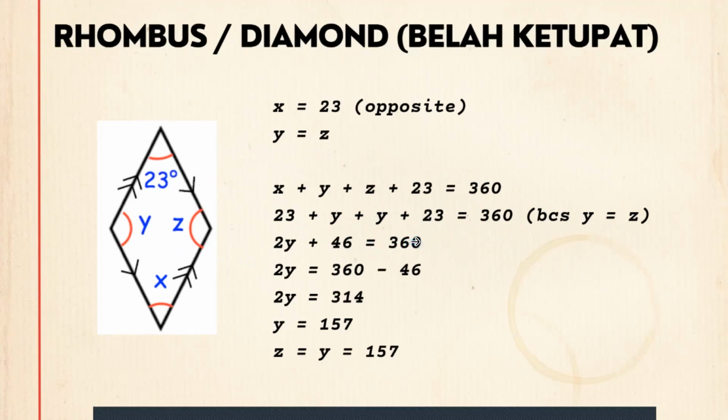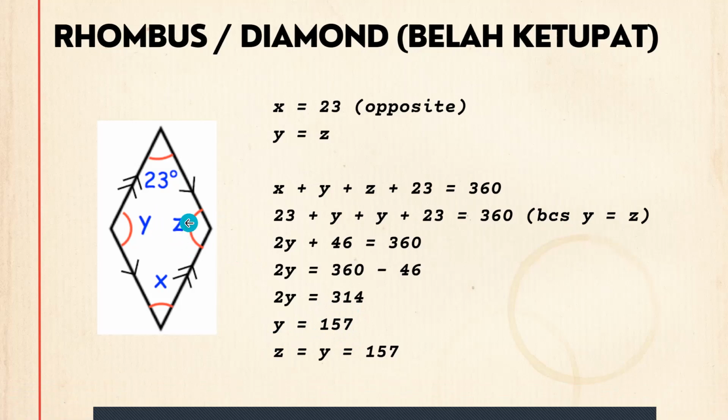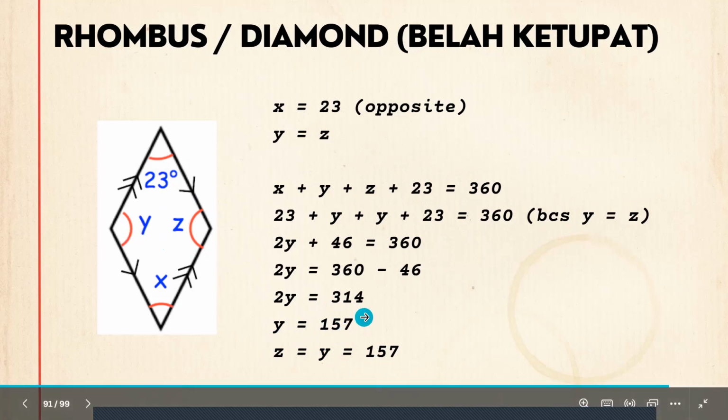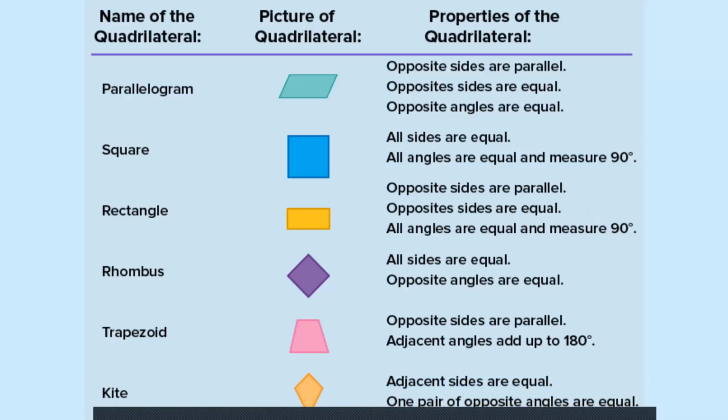And we solve it with our algebraic skills, and we will get Y equals 157. And because Z is the opposite angle of this Y, it will be congruent, so it is also 157.